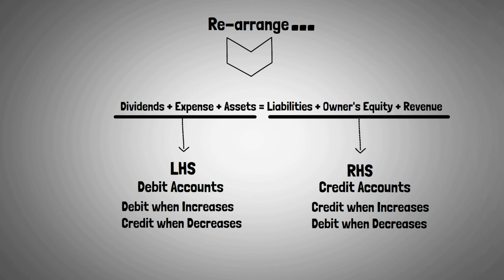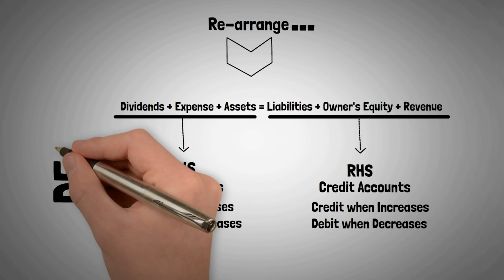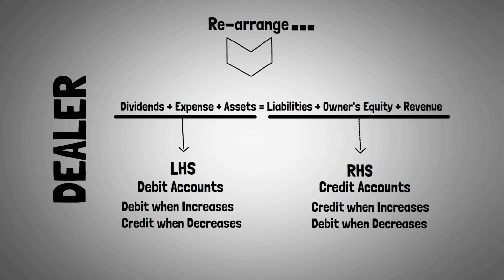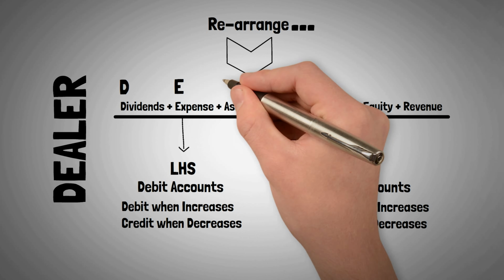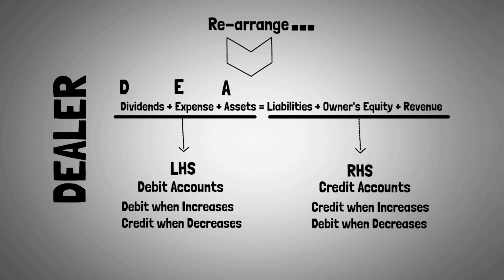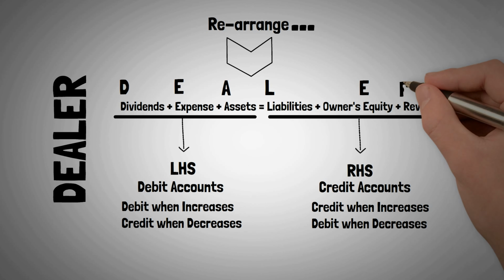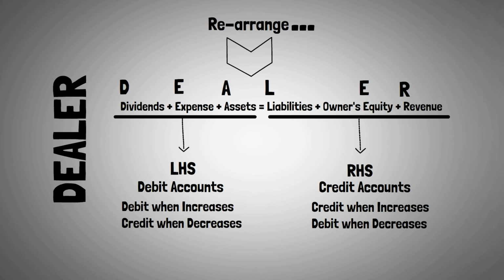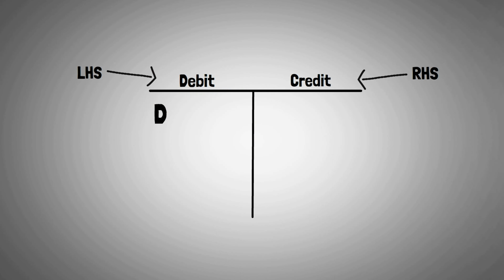Now here is the tip that will help us remember this rule. That is DEALER. The left hand side is represented by DEA and the right hand side is represented by LER. Now let's take this equation and place it in our T account. So under the debit side we have dividends, expense and assets, that is DEA of DEALER.